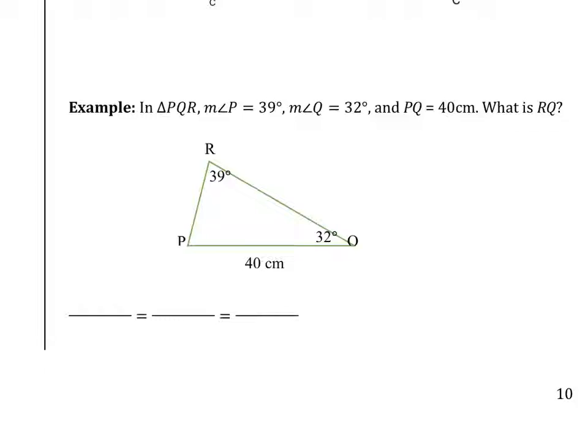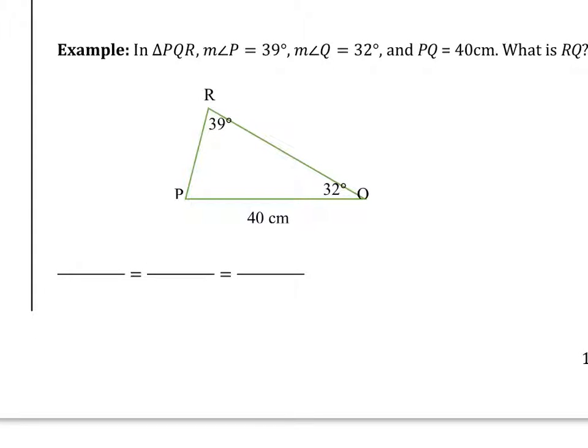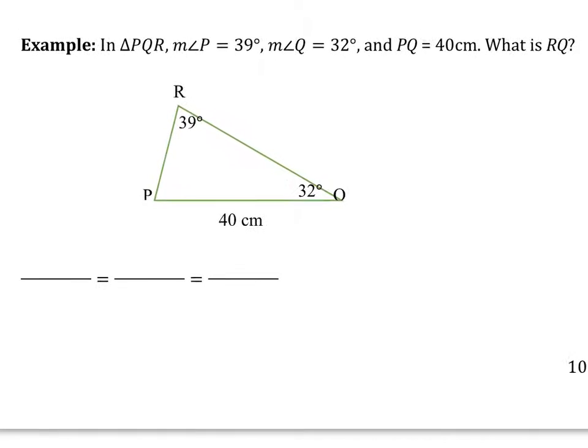So let's try solving some problems. In triangle PQR, P is 39 degrees, Q is 32 degrees, and PQ is 40 centimeters. What is RQ? RQ is this one. Can we use SOHCAHTOA? No, there is no right angle anywhere. We have to use the law of sines in this case. So do we know any ratio where we have the angle and its opposite side?